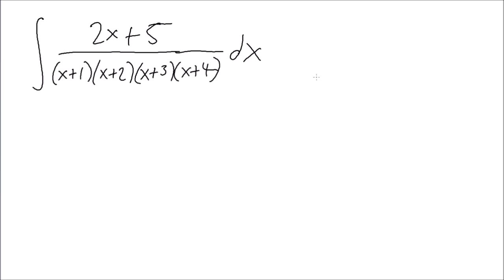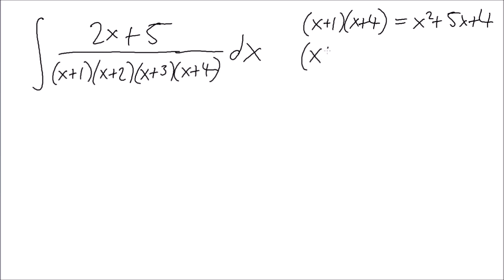So here, I'm going to show you a very, very sneaky trick, okay? I want you to notice something. When I multiply these two, I get x squared plus 5x plus 4. When I multiply these two, I get x squared plus 5x plus 6. Okay?